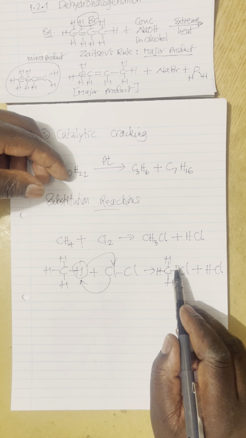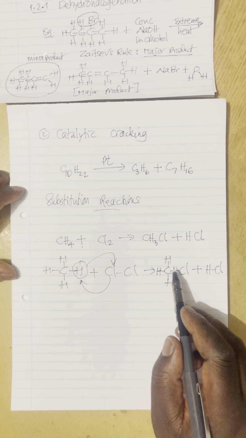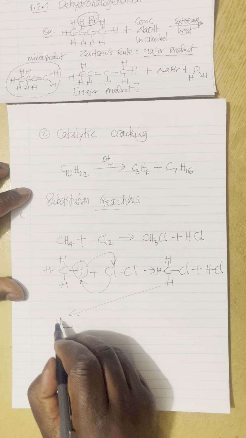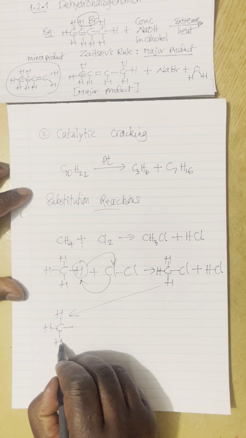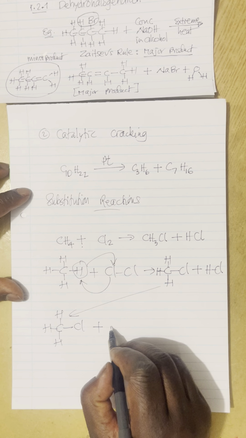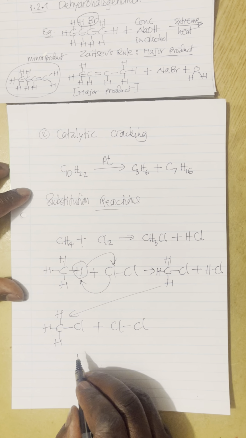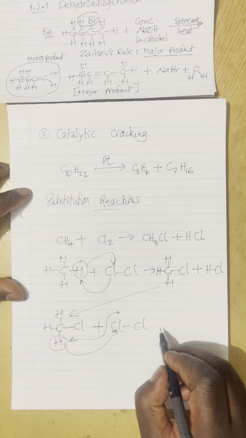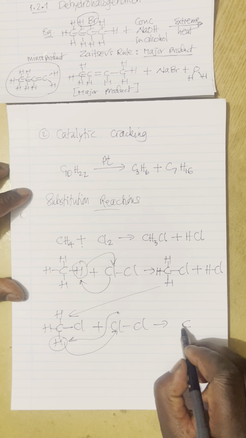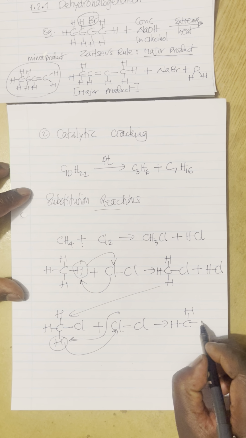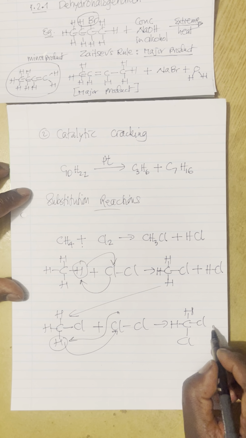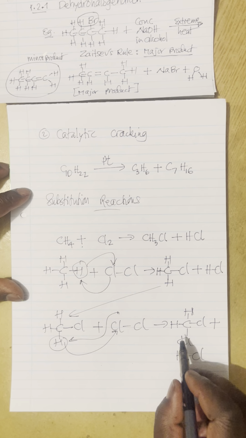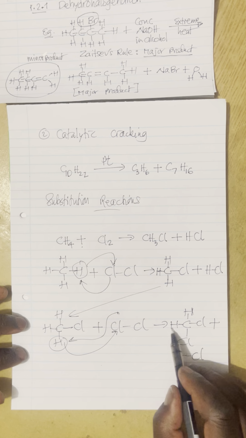Monochloromethane would also be involved in another substitution reaction. If we are to continue with this, this would go into another substitution reaction, like so, plus another chlorine molecule here, and then this one would go there, and that one would come in that place. And what do we have? We have carbon with hydrogen over here, chlorine there, plus hydrogen chloride. This would go into another substitution until all these are removed.